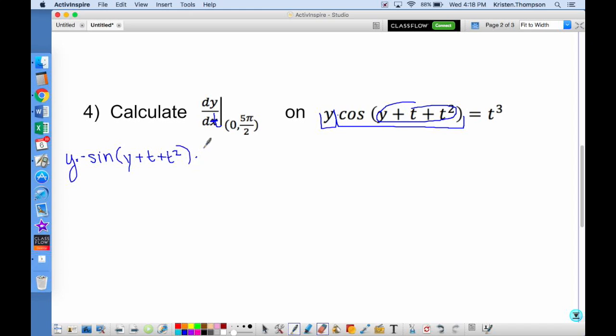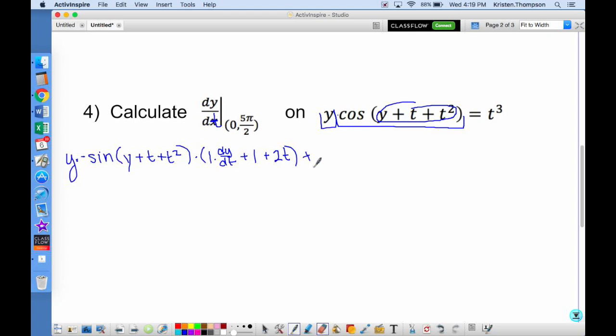times the derivative of the inside, and when I get to the derivative of the inside, I'm taking the derivative of y with respect to t, which is dy dt, plus the derivative of t, which is 1, plus the derivative of t squared with respect to t, 2t. I'm still not done with the product rule.